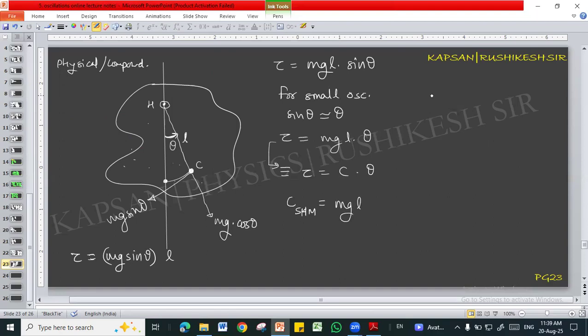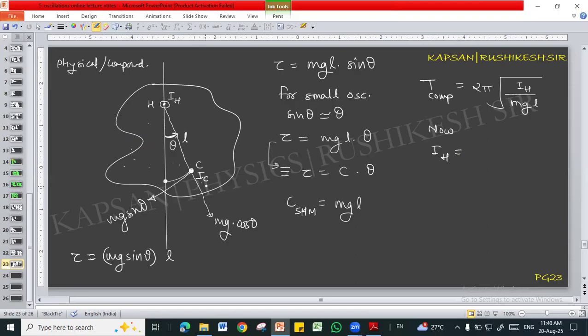Now, the period of a compound pendulum is equal to 2 pi into root of, this is very interesting, the moment of inertia of this entire object about the hinge. So the moment of inertia of the entire object about the hinge, 2 pi into root of I upon C, and C is equal to what? mgL. Now, moment of inertia about the hinge. How to find the moment of inertia about the hinge if the moment of inertia about the center of mass is IC?